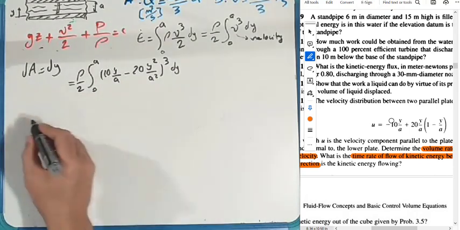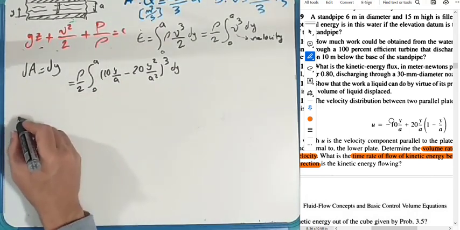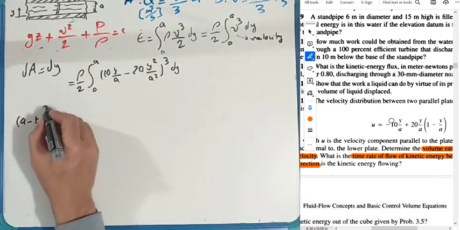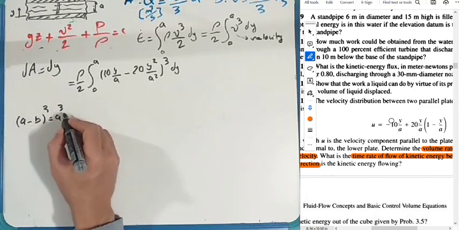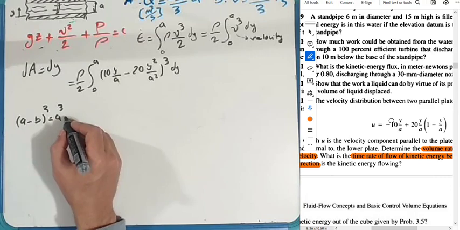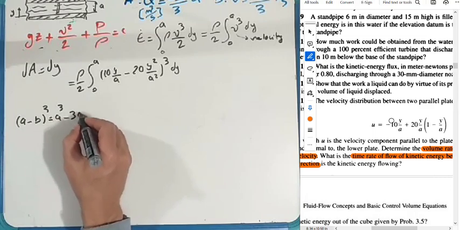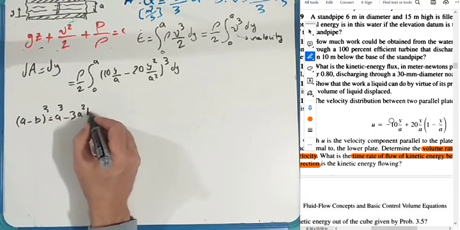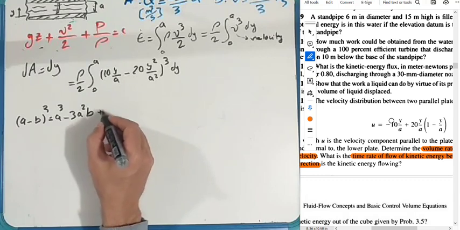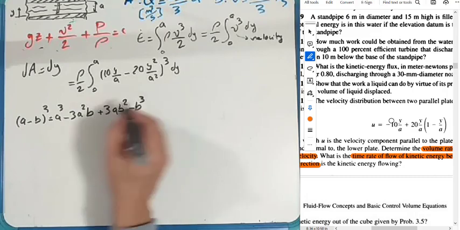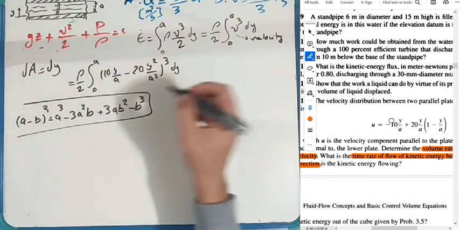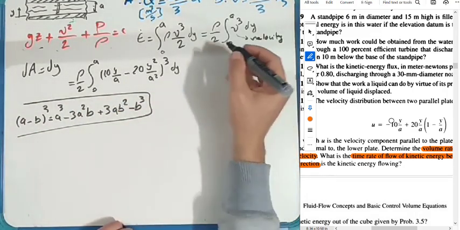You know this relationship: if we have A minus B cubed, we should write A cubed minus 3A squared B plus 3A B squared minus B cubed. I would write it this way.